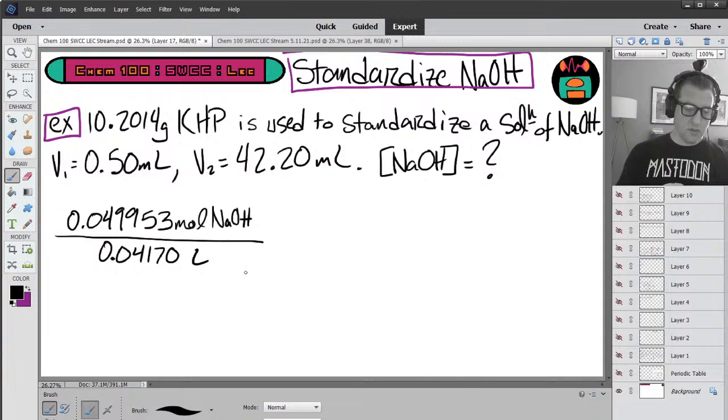Now we crunch our numbers, 0.049953 divided by 0.0417.